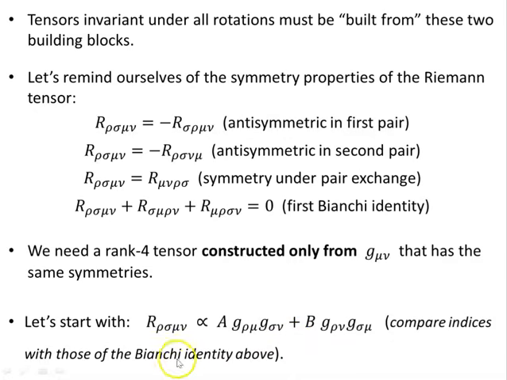So compare indices with those of the Bianchi identity above. In other words, where did I get this from and this?